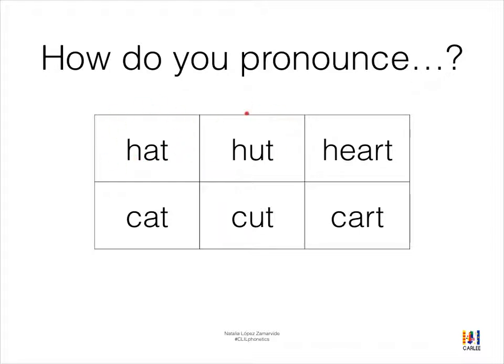Okay, and this? This is maybe closer in standard English to a Spanish sound. Okay, Alison, how would you pronounce this one? And this? Can you do it again, please? Yeah, that's the one. This could be it, and this could be it.